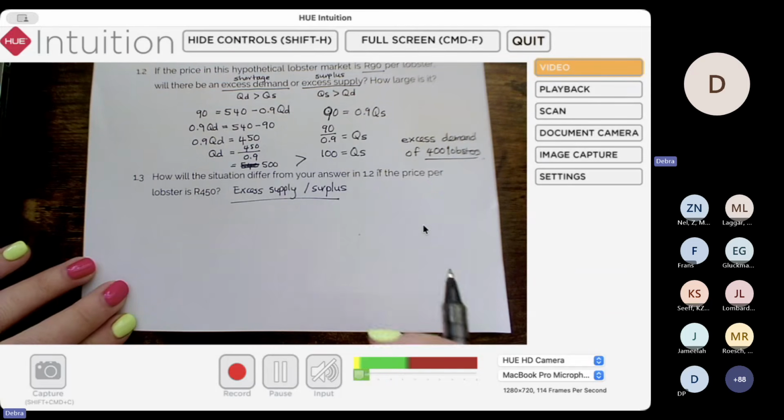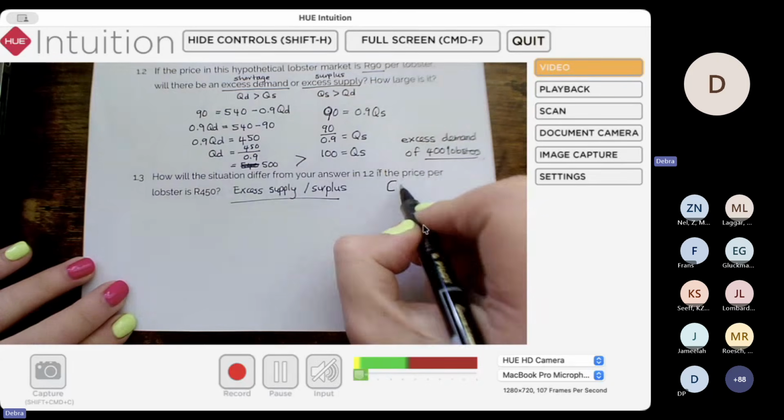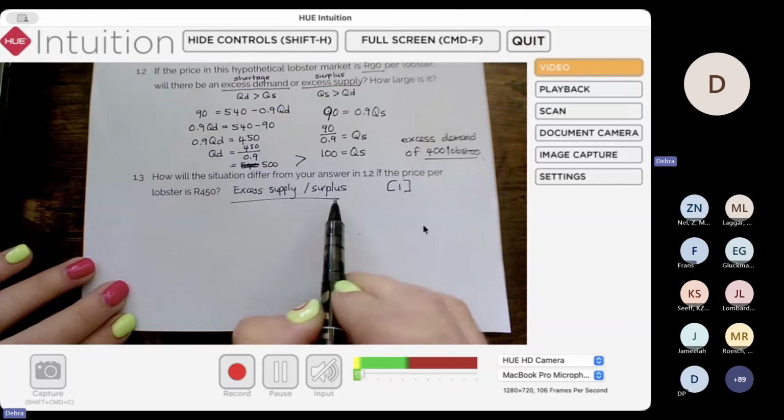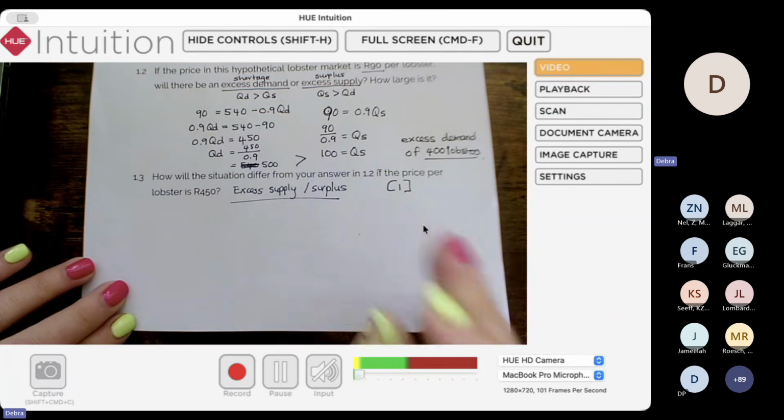In a sense, it's always kind of better to give too much than too little. But if this question was for only 1 mark, you could then read into it that they just want this answer. They just want to know, is it now still a shortage? Is it now in equilibrium, or is it now in a surplus situation? Okay, but I'm going to work it out just so that you can see how it would look.